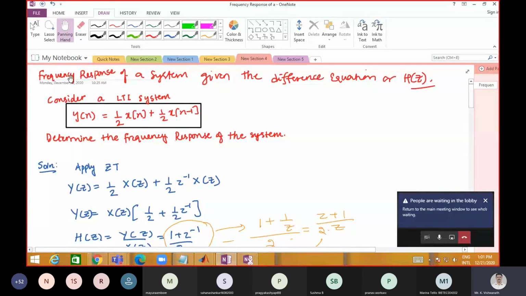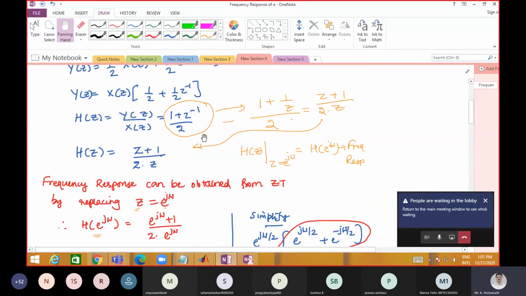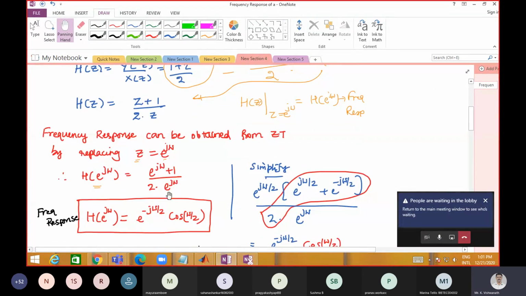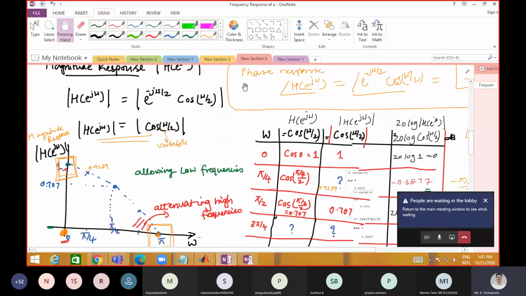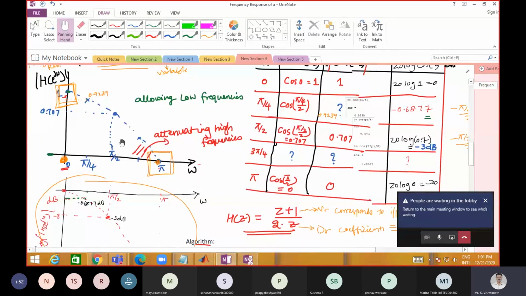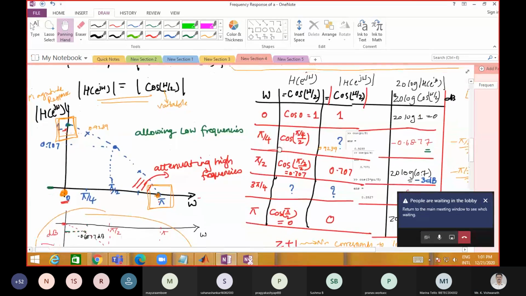For example, you will be given some equation like this and asked to find something. But visualization and understanding will come only when you map your theoretical calculations with your laboratory implementation.